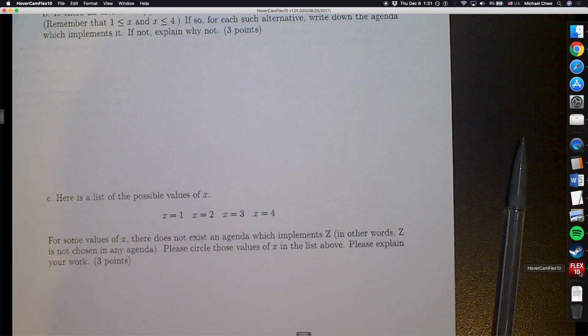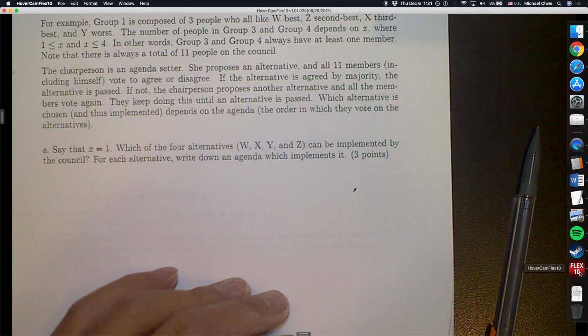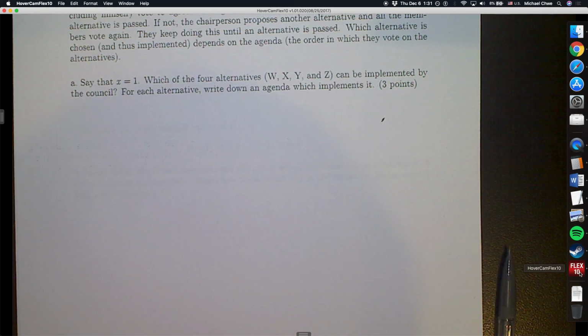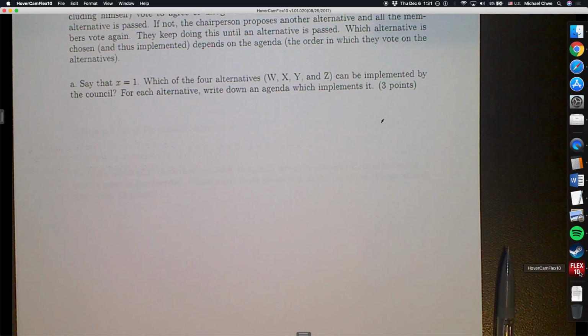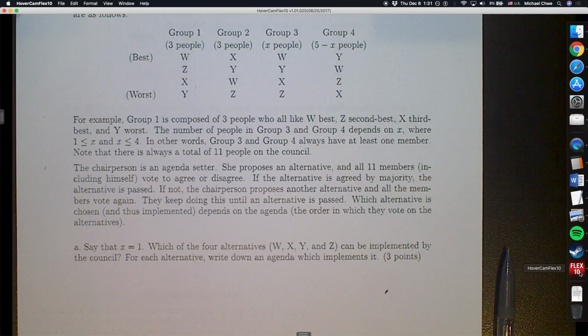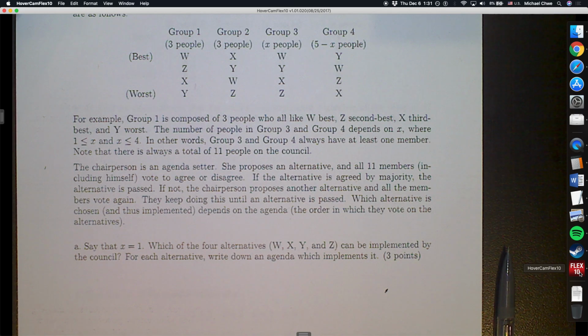Show you problem 4. Let's do problem 4. This is super straightforward, I think.